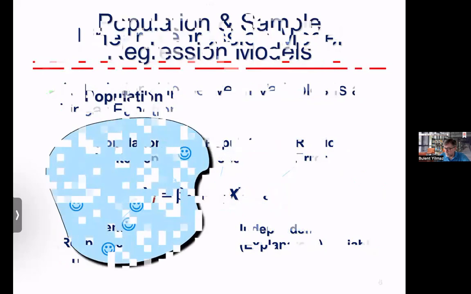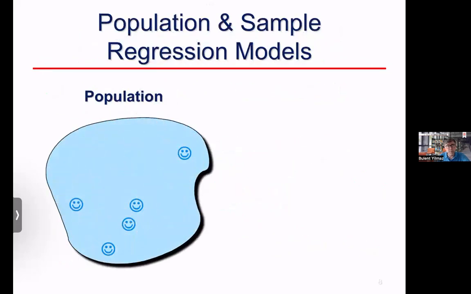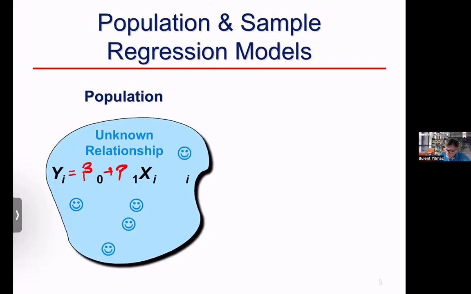So let's continue. This is my population. I have many data, and I don't know the relationship. What was the relationship? Beta 0 plus beta 1 xi plus the error, right? That was my relationship. I don't know what beta 0 is. I don't know what beta 1 is, okay?